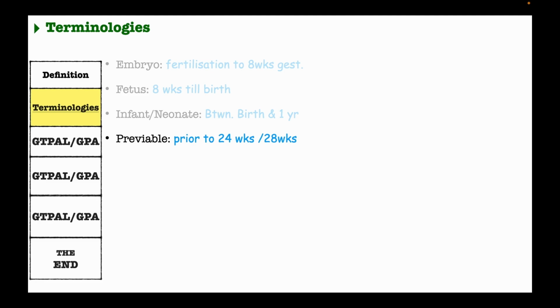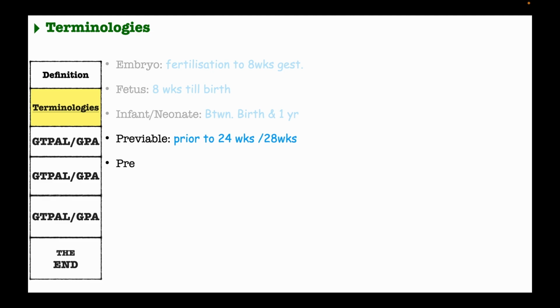And so, in developing countries, these facilities are not available, and so we are not able to take care of the baby when it is born before 28 weeks of gestation. And there is a lot of evidence to show that in the developed world, babies who are born before 28 weeks are able to survive because of the resources they have, which are not readily available in most developing countries.